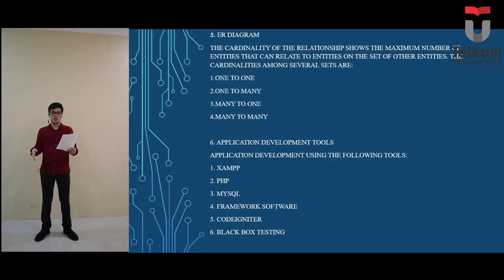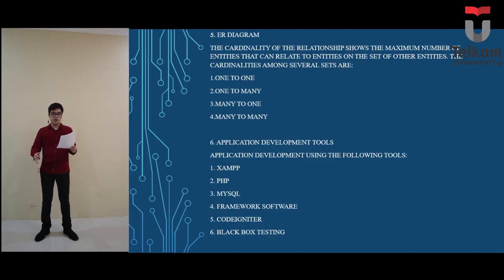The cardinality of the relationship shows the maximum number of entities that can relate to entities in the set of other entities. The cardinality sets are one-to-one, one-to-many, many-to-one, and many-to-many. And for the 6, application development tools.